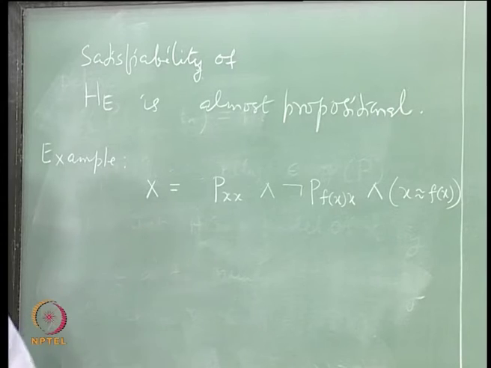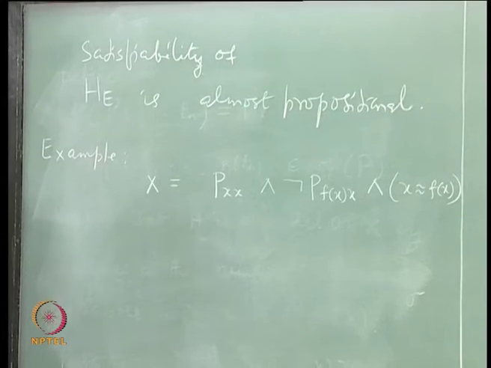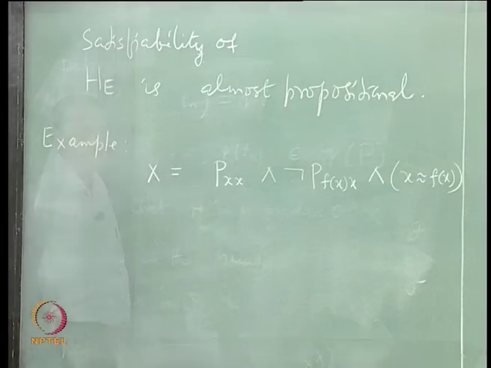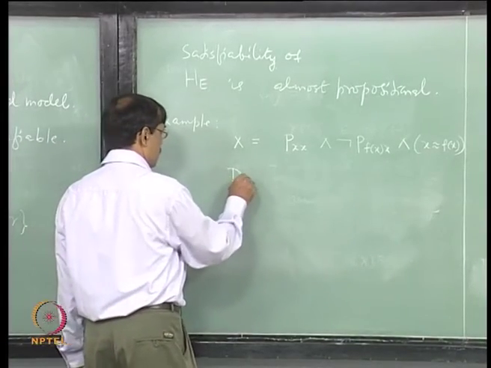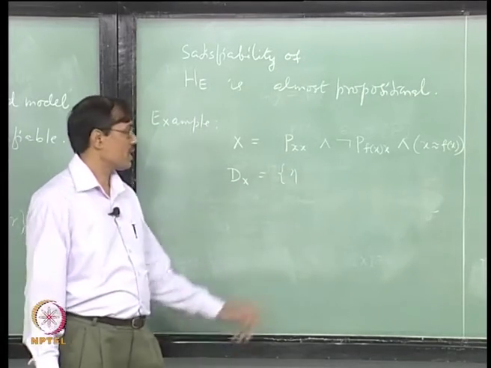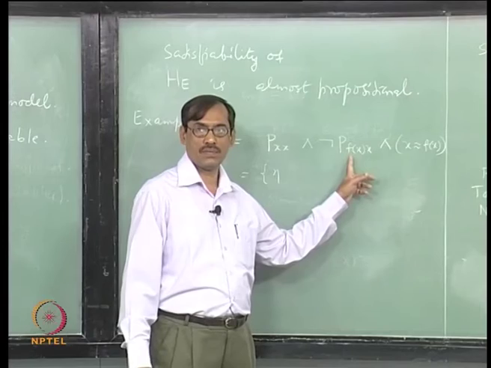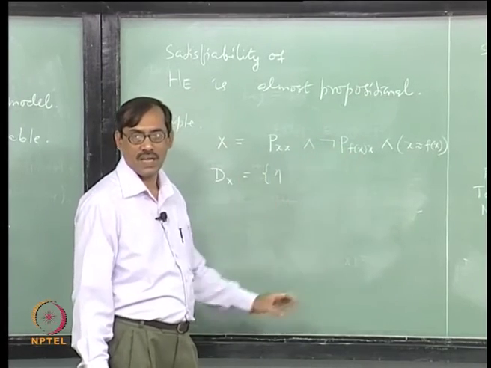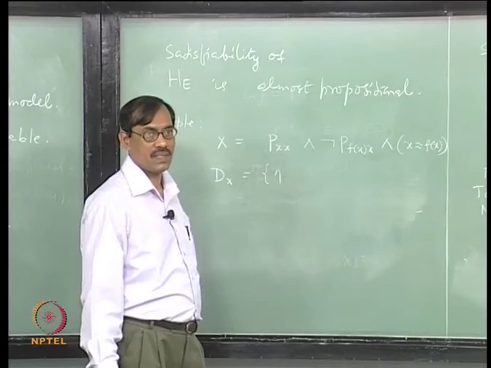Now, let us go for the Herbrand expansion. There is no constant appearing in X, fine. So D_X will start from eta, but there is a function symbol f which is a unary function symbol. So it will generate all the terms from eta by taking its composition with f.